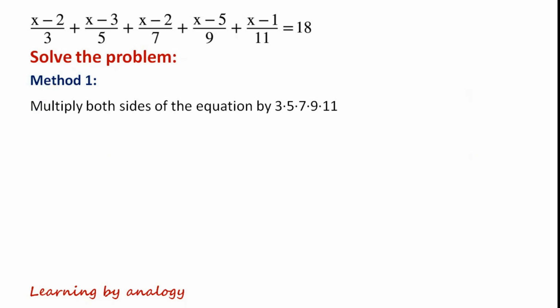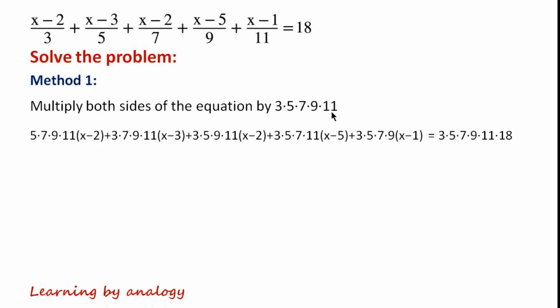First, we will solve the problem via an intuitive method. Multiply both sides of the equation by a common multiple of the denominators of the fractional terms, that is 3 times 5 times 7 times 9 times 11.